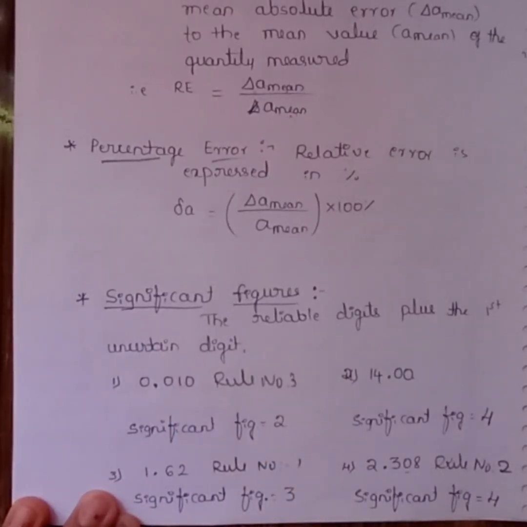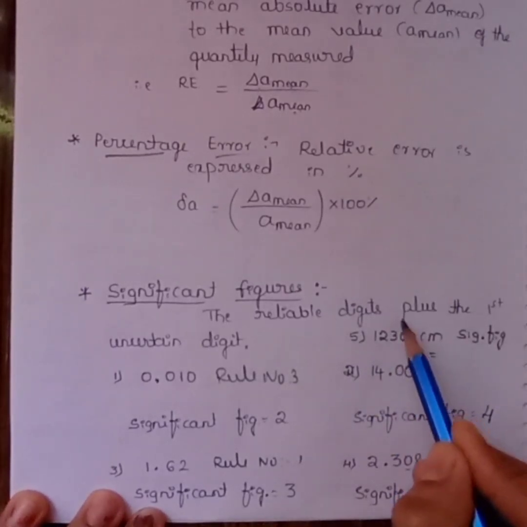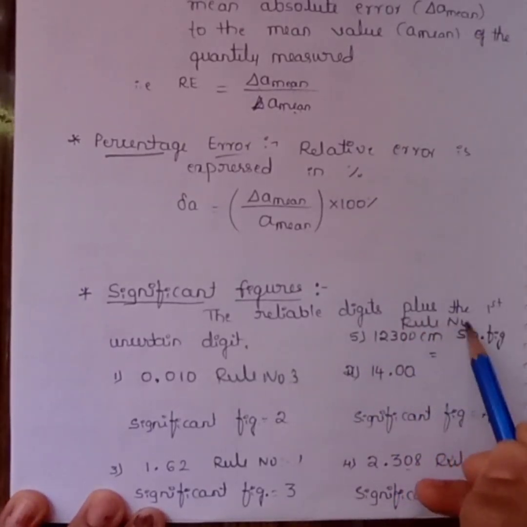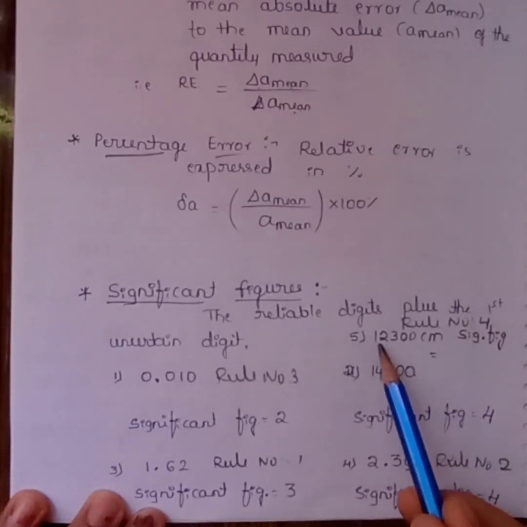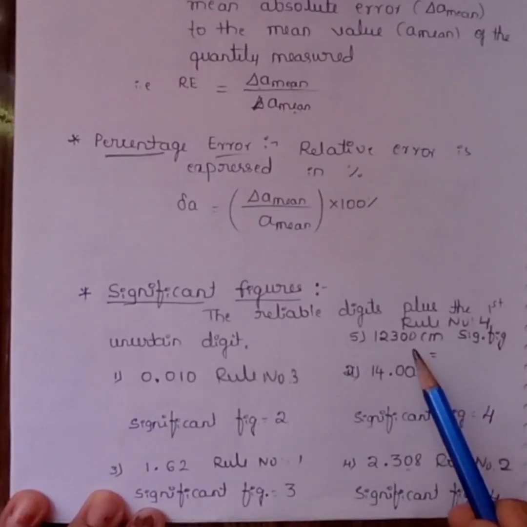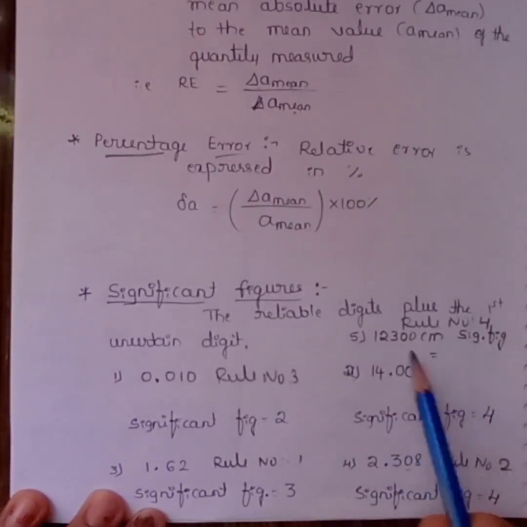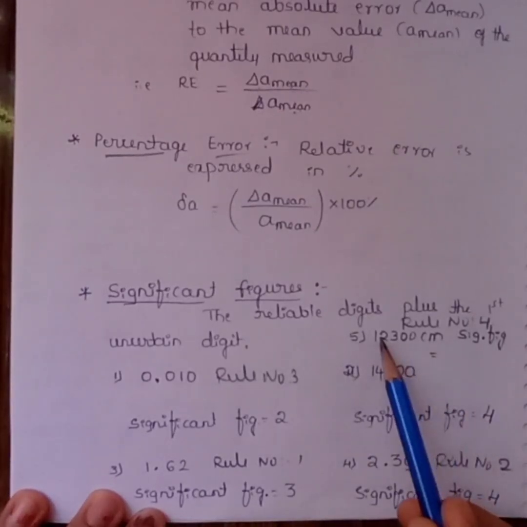Next rule: the terminal zeros in a number without a decimal point are not significant. For example, 12300 centimeter. In this example, the terminal zeros without a decimal point are not significant, which means we count the significant figures as 1, 2, 3.